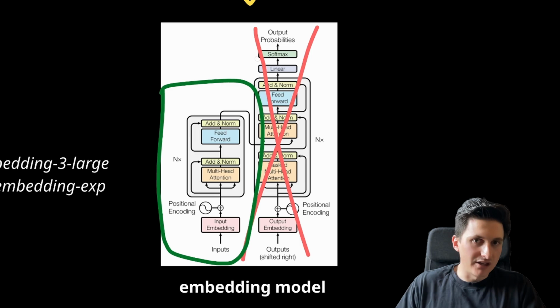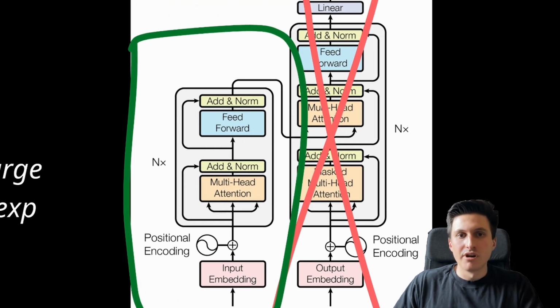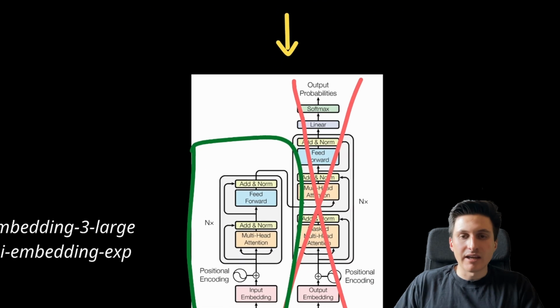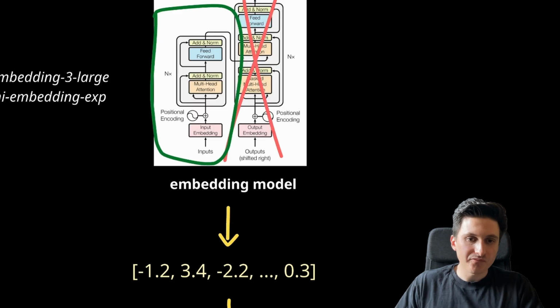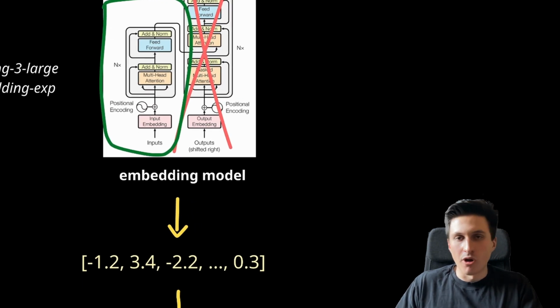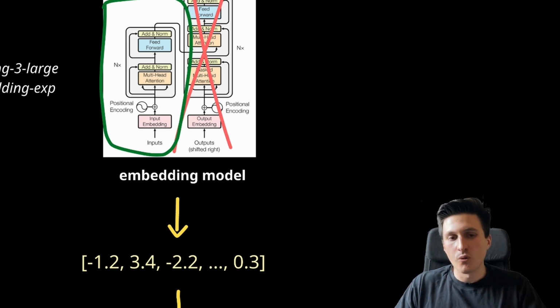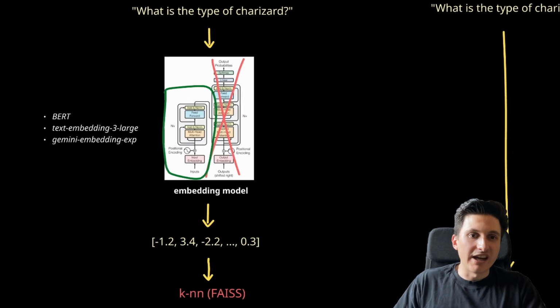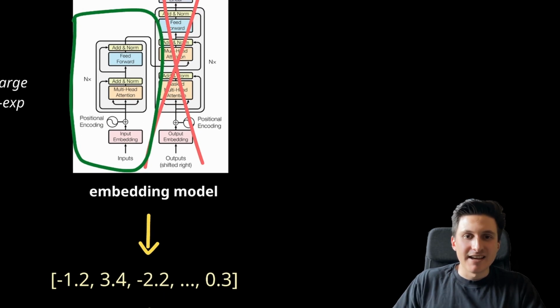So ChatGPT is the right part, as it can predict next tokens, but the left part is the encoder and can basically turn a sentence into its meaning, and the meaning will be represented by a vector, and the vector has a lot of numbers, because computers need to work with numbers, so we need to turn our words into numbers.